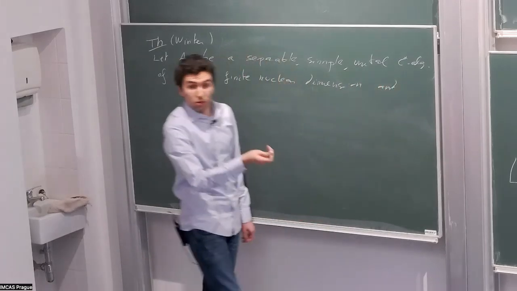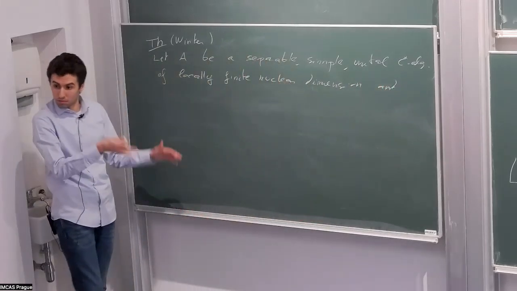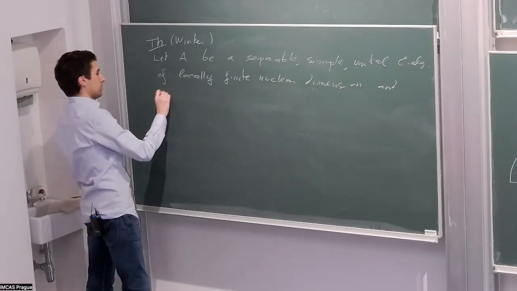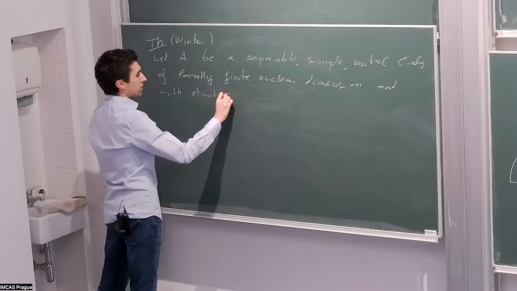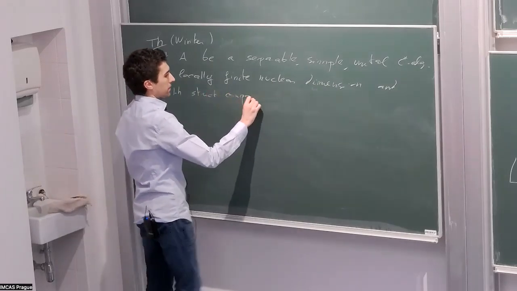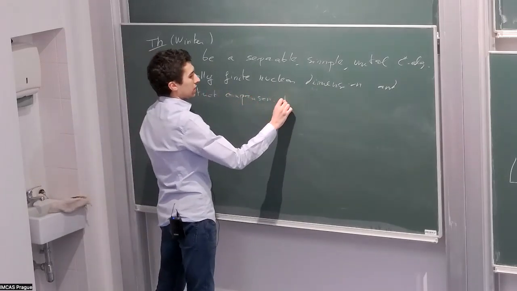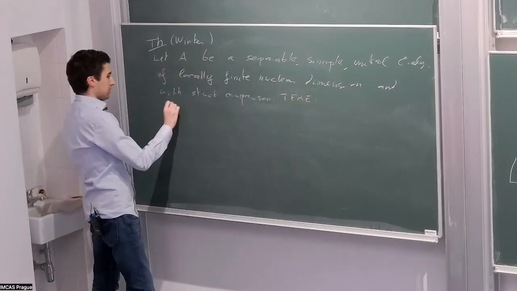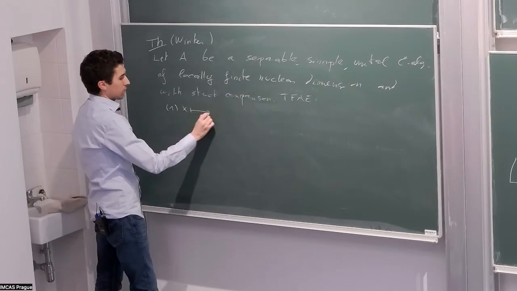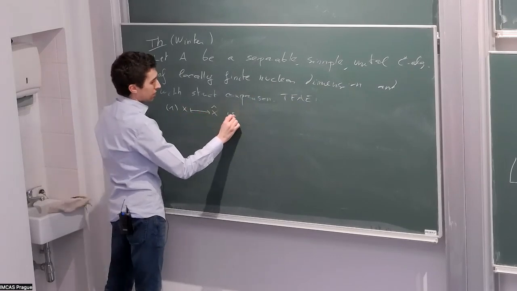And assume strict comparison. So namely, assume that you are in 3. Then the following are equivalent. 1, X to X hat is surjective.